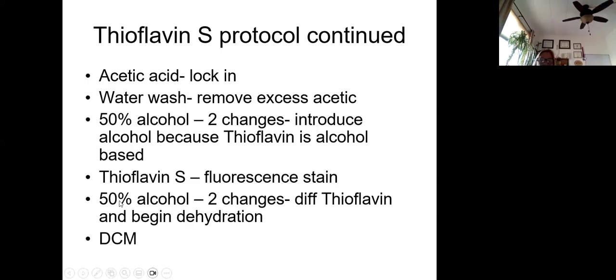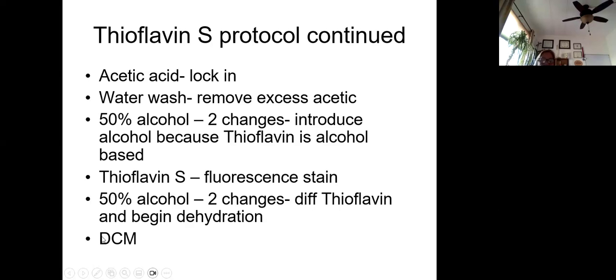So your 50% alcohol, you're going to go into 2 changes, and that is going to differentiate that thioflavin and begin your dehydration. Here we're going to introduce the alcohol, stain with our fluorescence, then differentiate with the 50% alcohol.